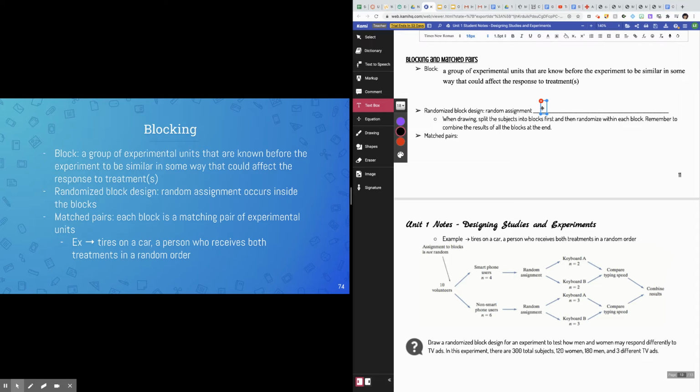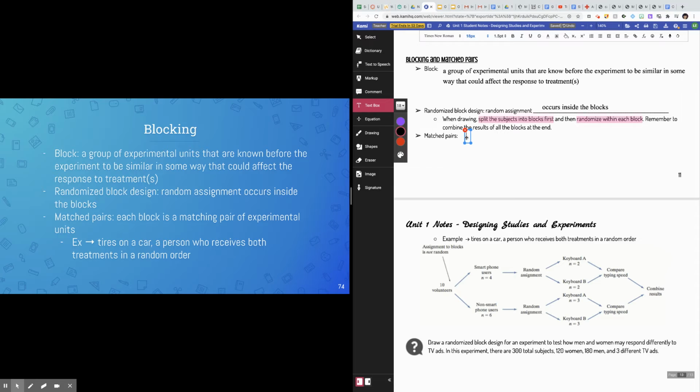So in a randomized block design, random assignment occurs inside the blocks. I'm going to show you how to draw that in just a second. When we draw them, you have to split the subjects into blocks first, to eliminate the possible effect of that variable, and then randomize within each block. And then you just have to remember to combine everything at the end, okay?